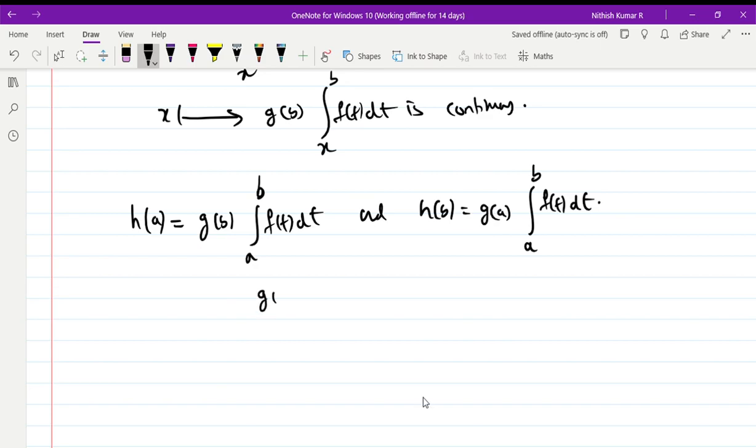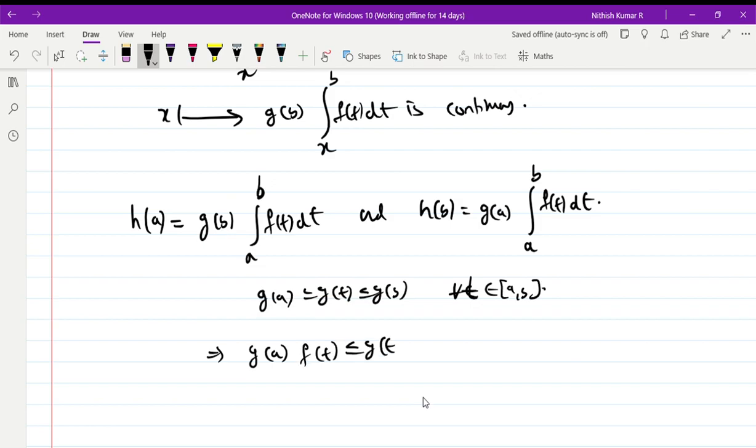Since g is monotonically increasing, g(a) is less than or equal to g(t), which is less than or equal to g(b), for all t in the closed interval [a, b].